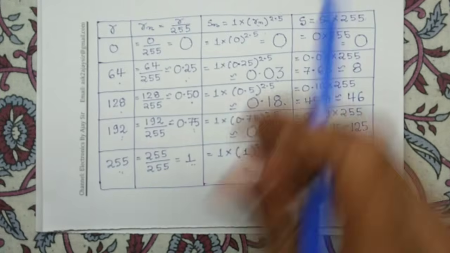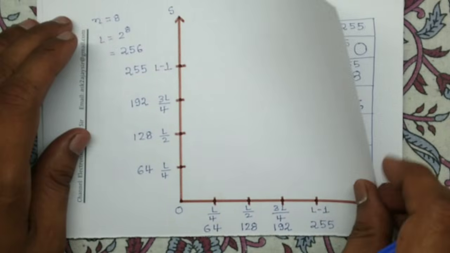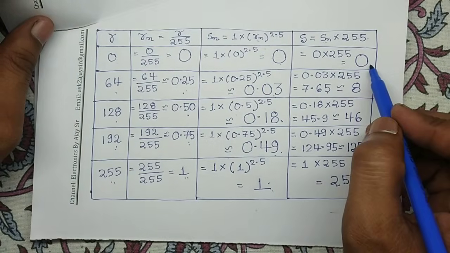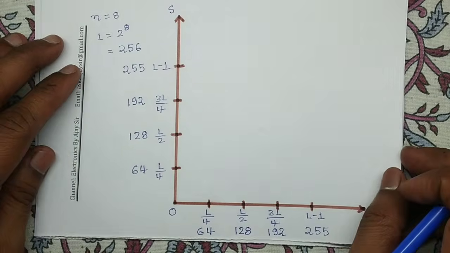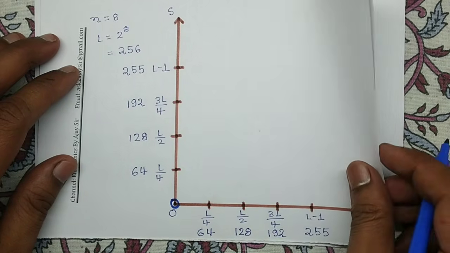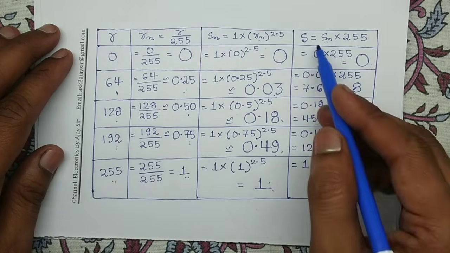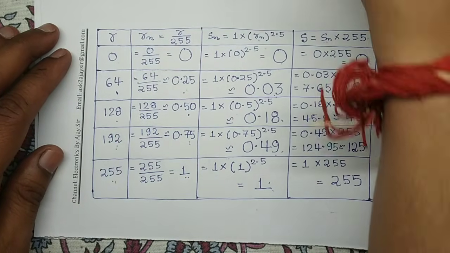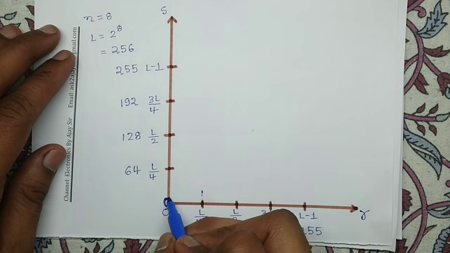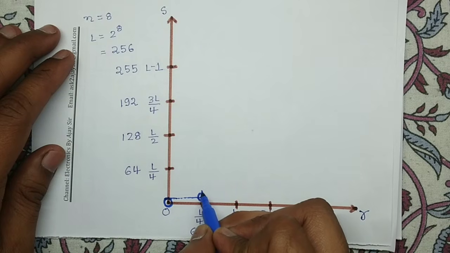Next, we will do the plotting. So first point we will mark: when r equals 0, s is also equal to 0. So when r equals 0, s equals 0, it represents the origin. Next, when r equals 64, s equals 8, very close to this, tentatively representing this point.